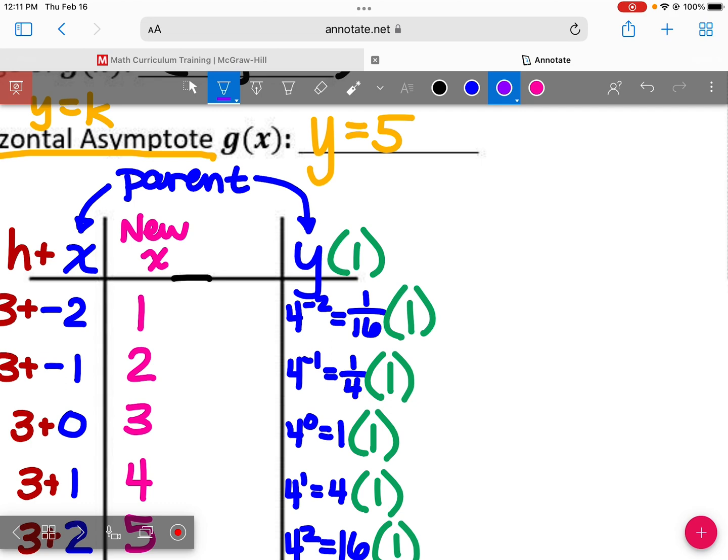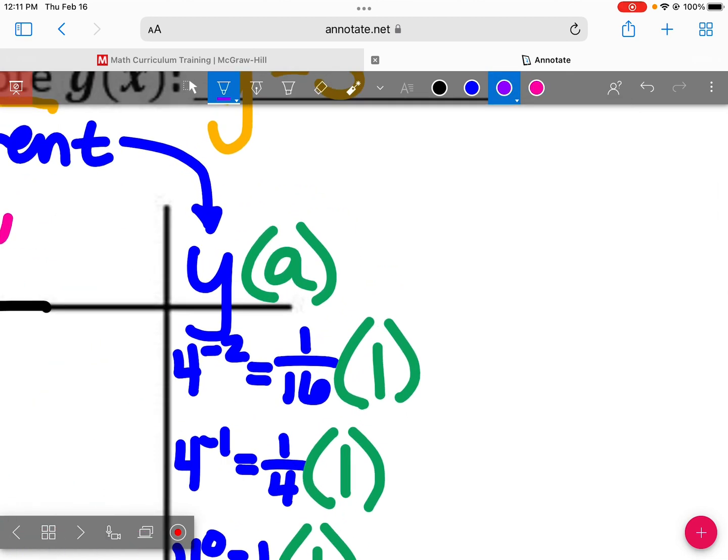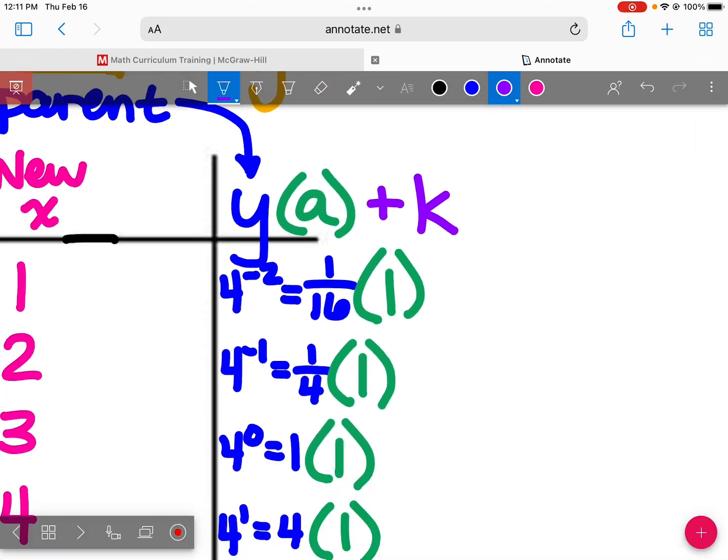What have I left out? The k. What do I do with my k value? We add it after the y. What is our k value? 5. So I'm going to add 5 to each of these.